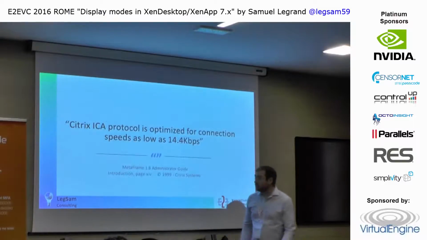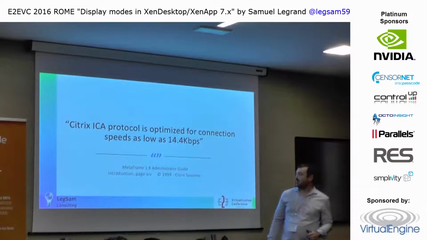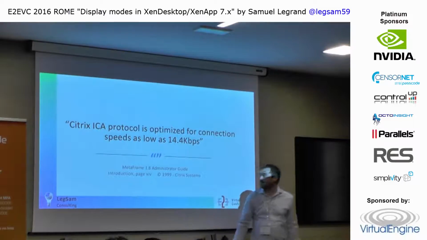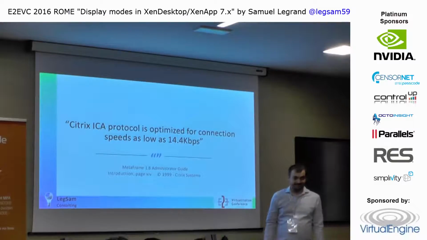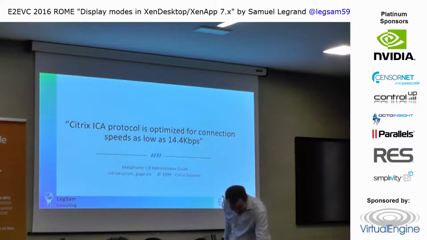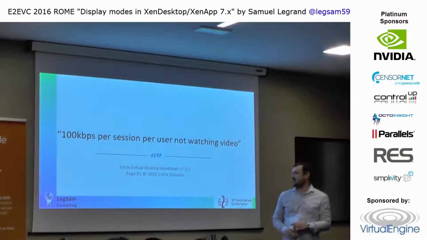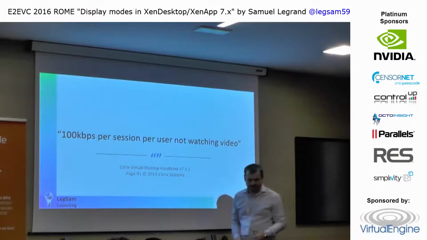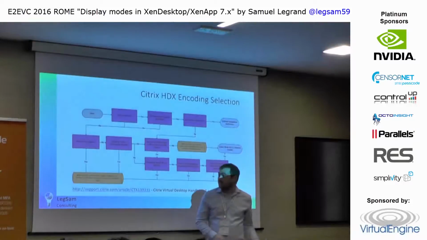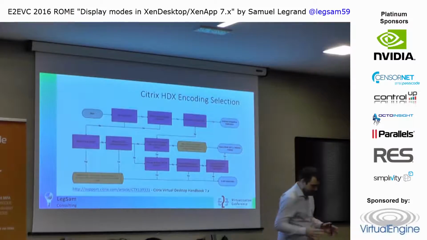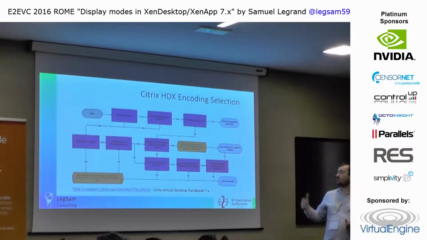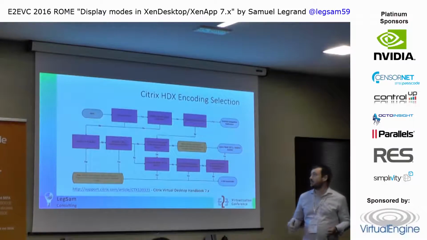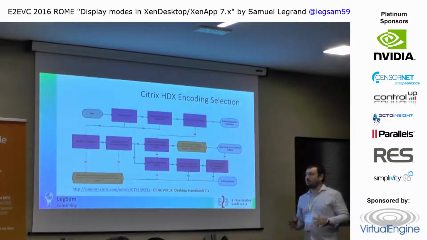If we look at the ICA protocol in the MetaFrame 1.8 administrator guide, and then go to the Design Virtual Desktop handbook, without video, but this specifically. Citrix gives us a chart to know which protocol, which encoding system we should put in place, with some questions.